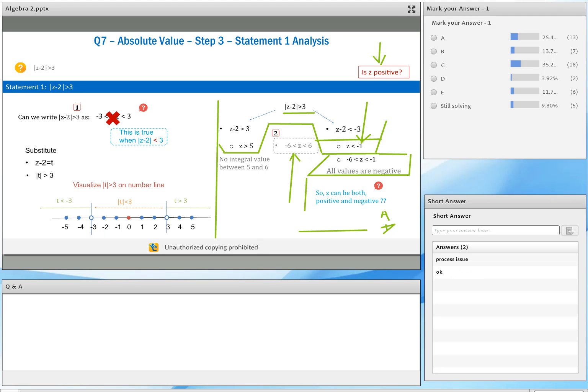Okay, process issue where? What part of the process did you falter on? Constraint application from the question stem. Okay.